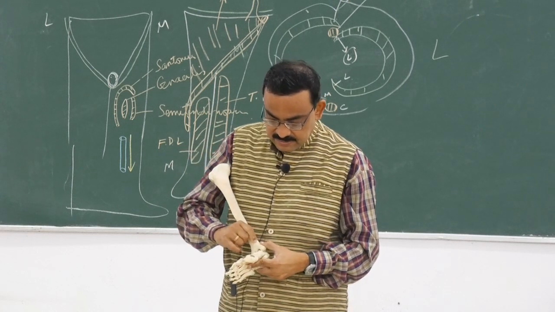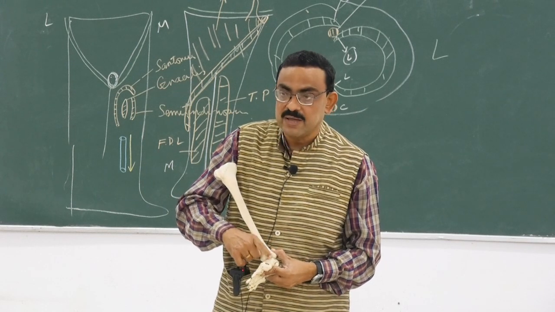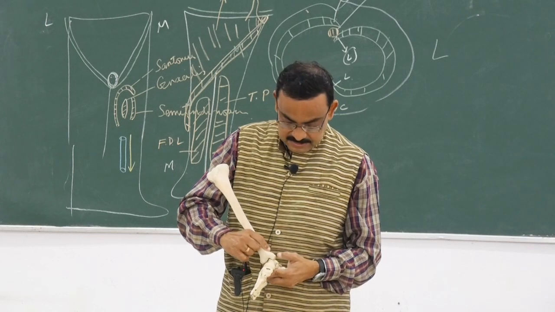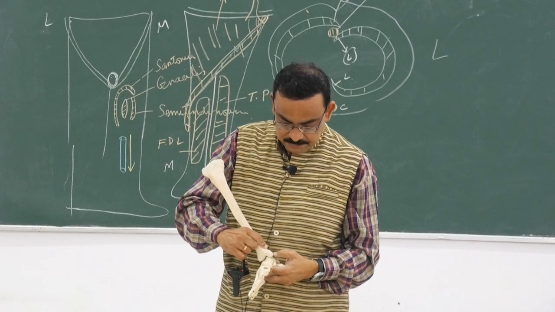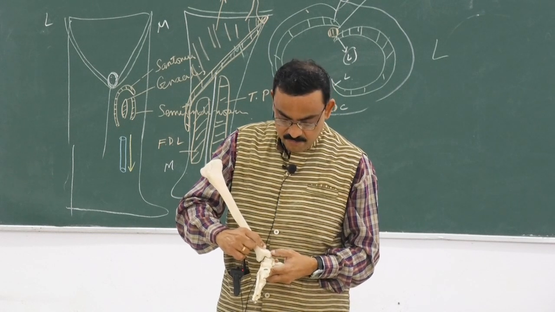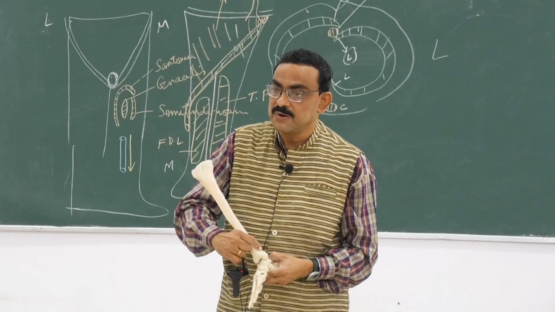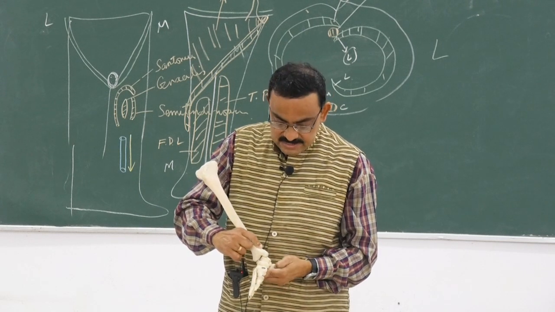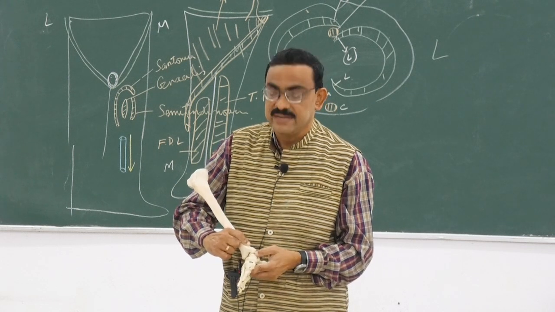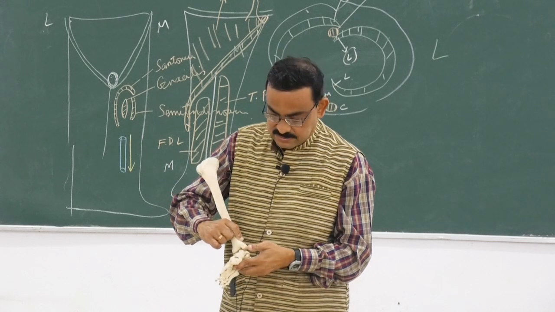In the lower part, we will get one ligament, from the tibia to the navicular bone, the tibio-navicular part, then from the tibia to the calcaneum, and from the tibia to the talus, the tibio-talar component. As a whole, this is a triangular-shaped ligament called the deltoid ligament, attached at the tip of the medial malleolus.